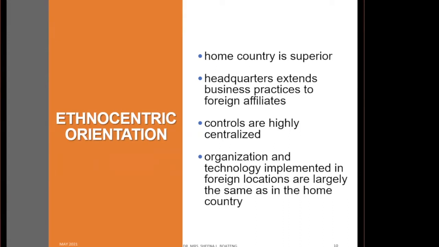So like I mentioned, because of the highly centralized control, the way the organization operates and how it is designed, and even the technology implemented in their foreign affiliates in different countries are generally the same or even identical to that in the home country. So the computers that are used, the software must be developed from the home country, stationery, everything must be designed, manufactured and branded from the home country and carried all the way to all the affiliates. And that is for ethnocentric orientation.